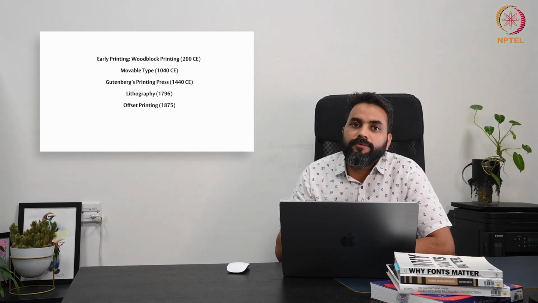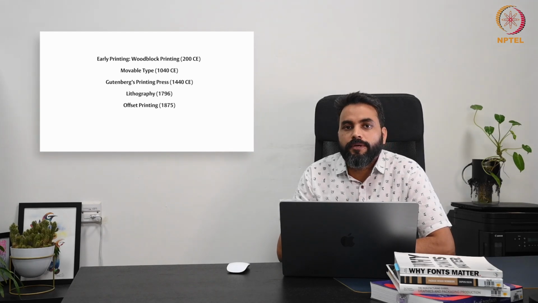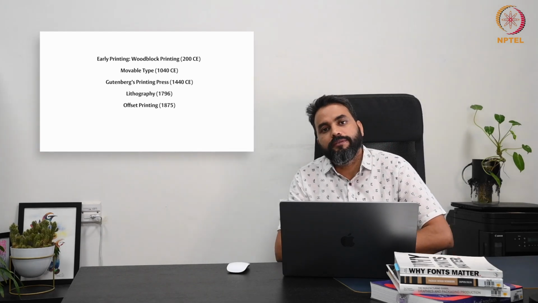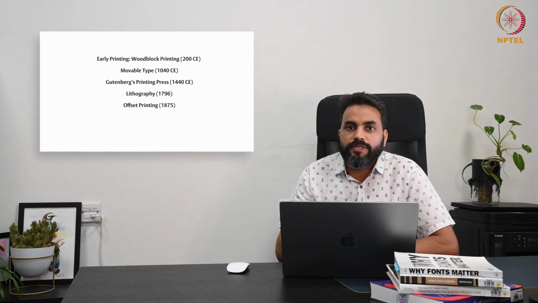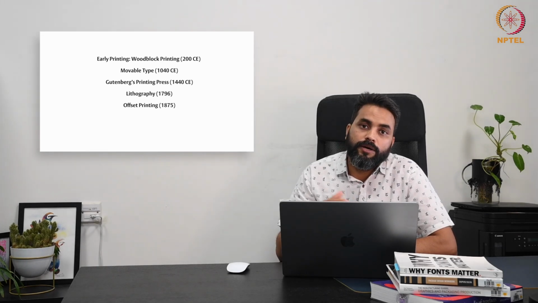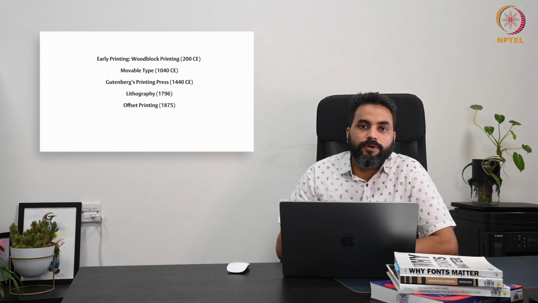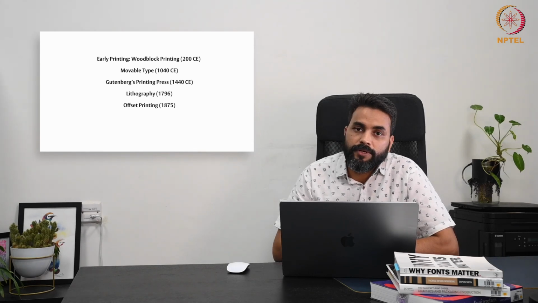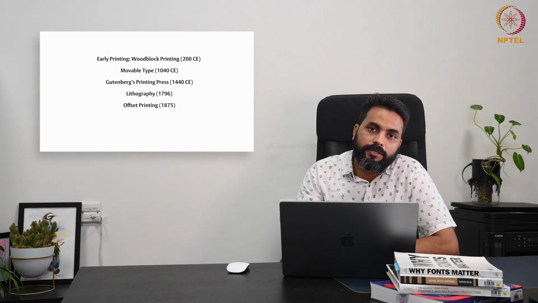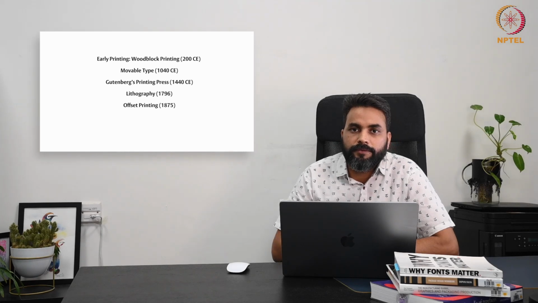Offset printing is ideal for large scale production such as newspapers, magazines, and packaging. And it uses CMYK ink for full color output and allows flexibility with different materials and finishes. So we already discussed the CMYK color process where these colors combine and mix and produce a different range of colors.